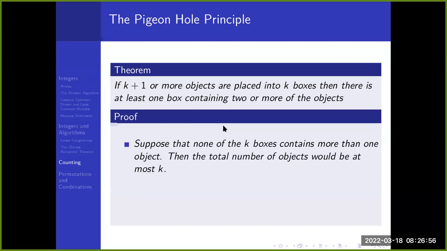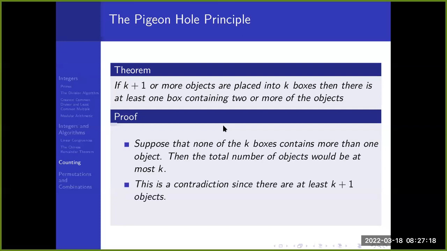So here is a proof. Suppose that none of the k boxes contains more than one object, then the total number of objects would be at most k, right? That contradicts the fact that we have k plus 1 objects.